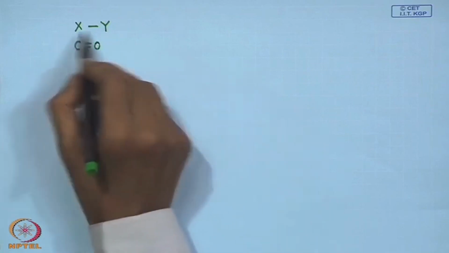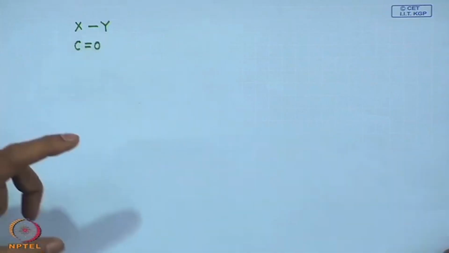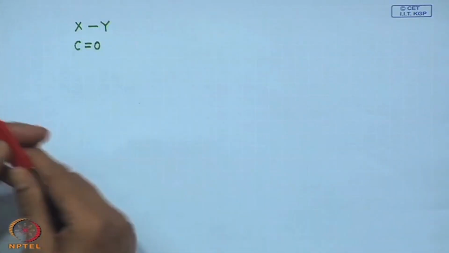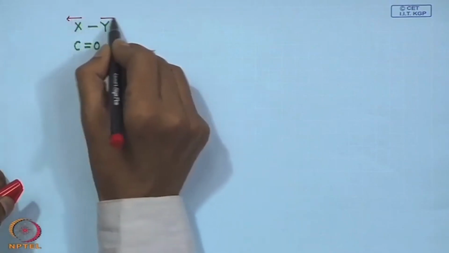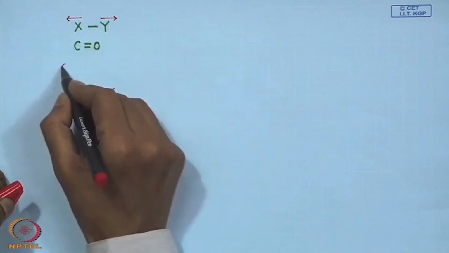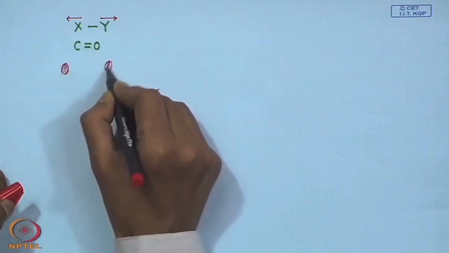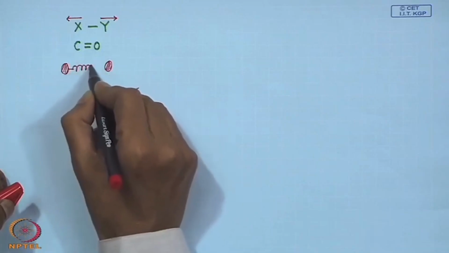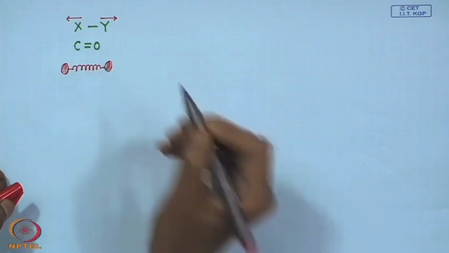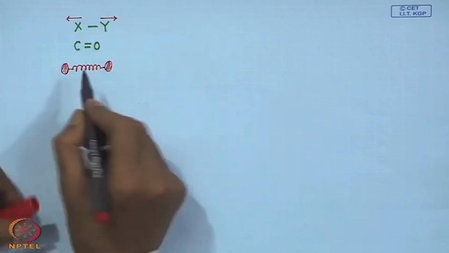Then we will find that they are fixed with this covalent bond and they are vibrating along the bond axis. So we have 2 balls basically, these balls are X and Y, and they are connected through a spring which is the corresponding bond.